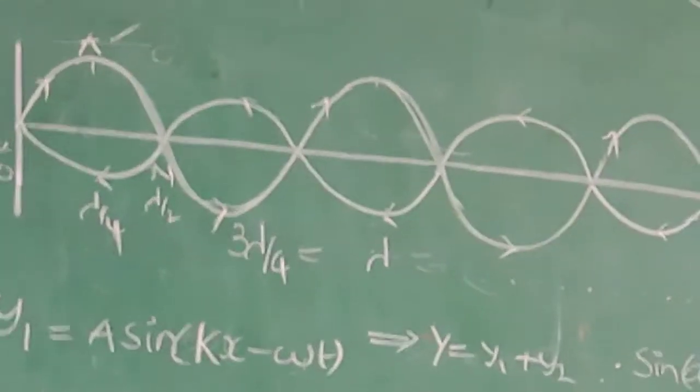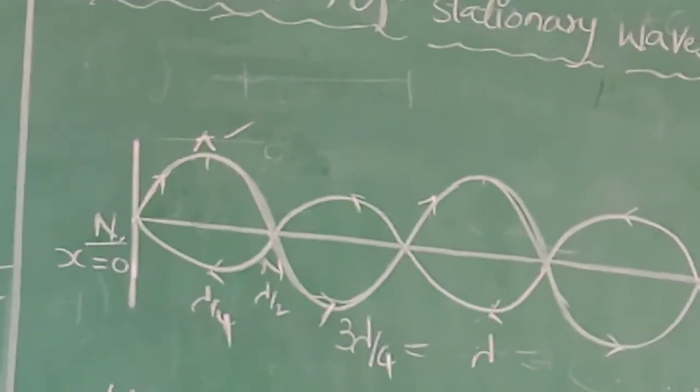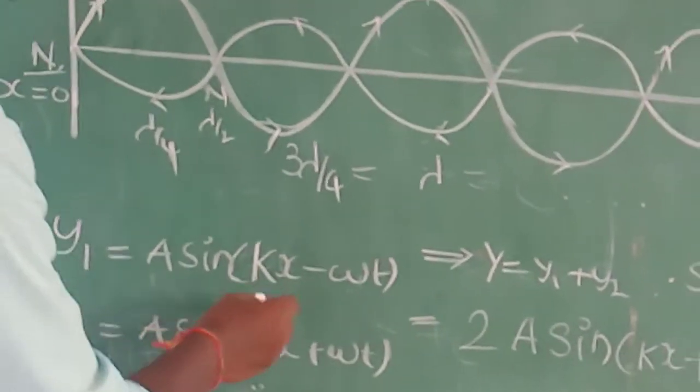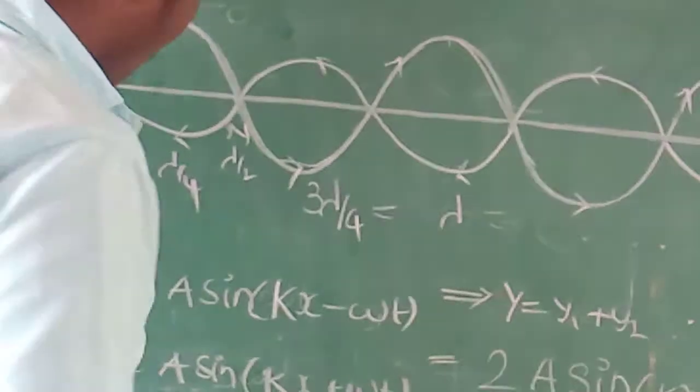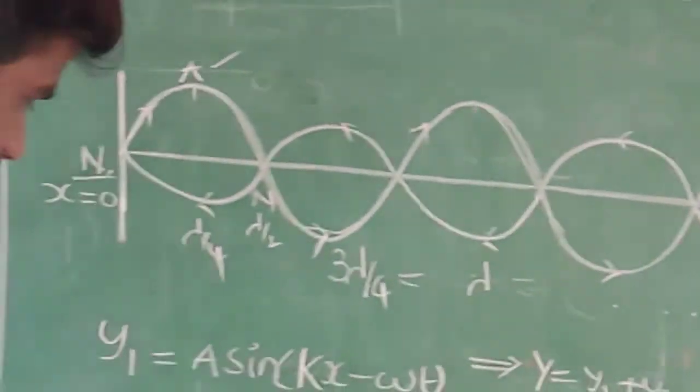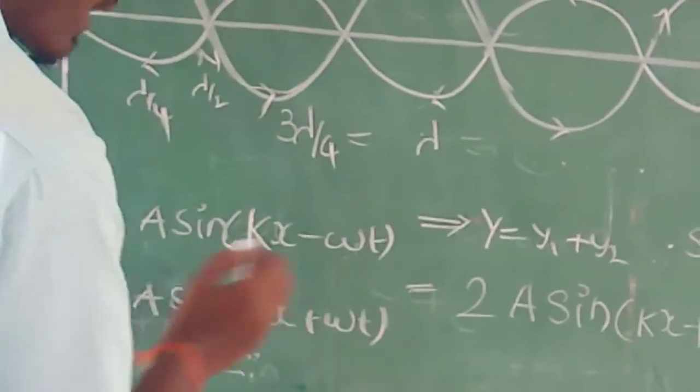Now we assume the displacement of the first wave is y1 equal to a sin(kx minus omega t), and the displacement of the other wave is y2 equal to a sin(kx plus omega t).